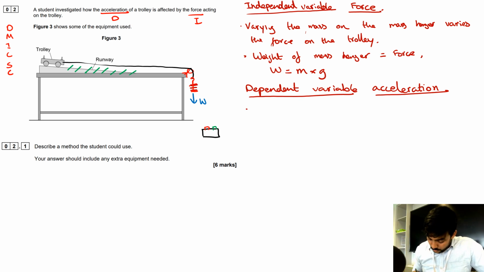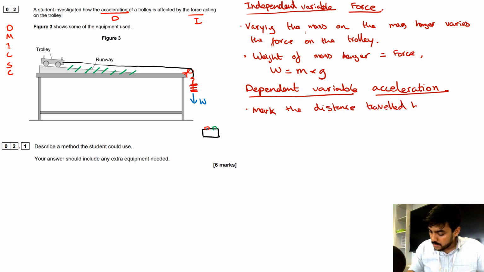Okay, so mark the distance traveled by the trolley using a rule, using a meter rule.